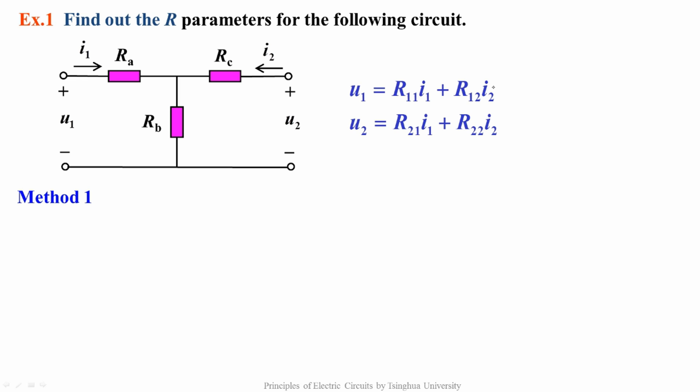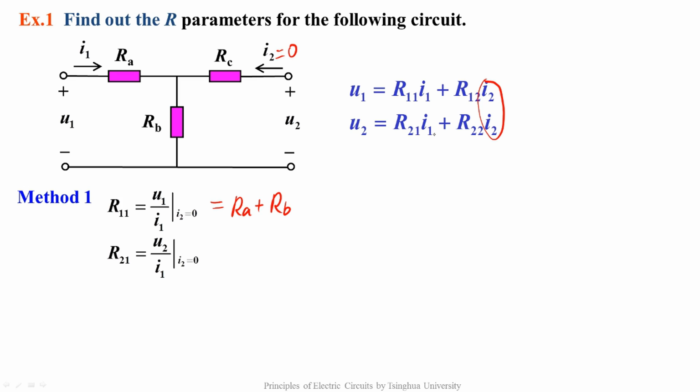Letting I2 be 0, that is, port 2 is open, then R11 equals U1 over I1 equals RA plus RB. R21 equals U2 over I1. I2 equals 0 now, so the current through RB is I1. Thus, U2 over I1 equals RB.